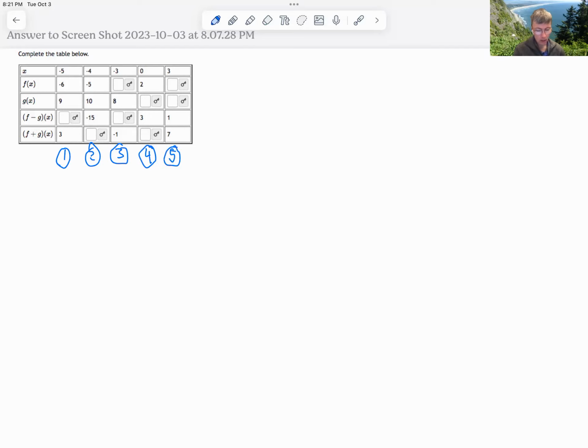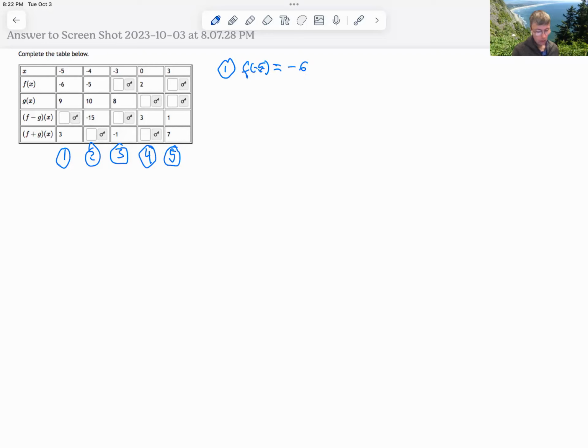In problem 1, we are given f of x, or in this case x actually is -5. So we are given f of -5 equals -6.